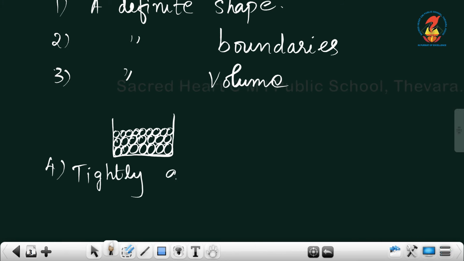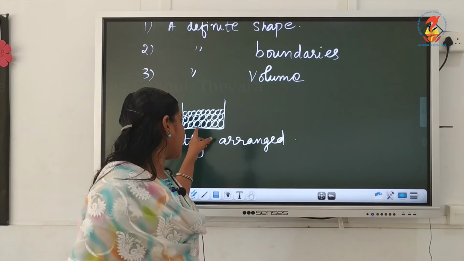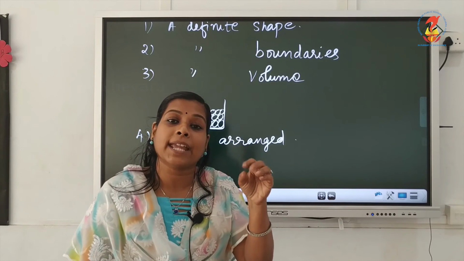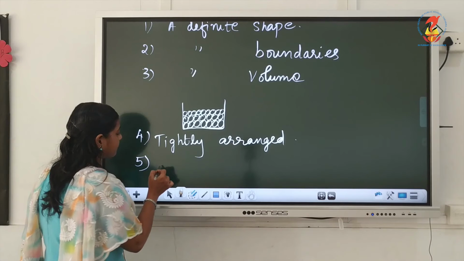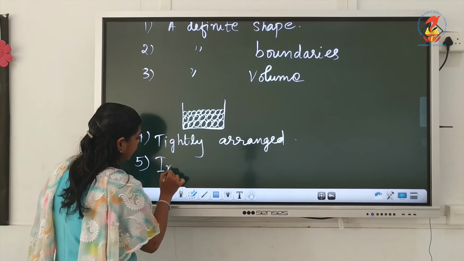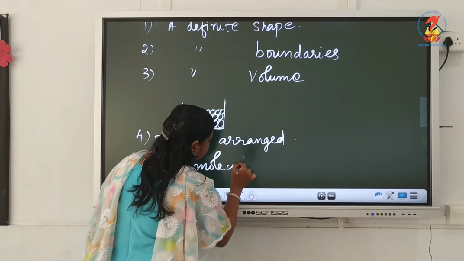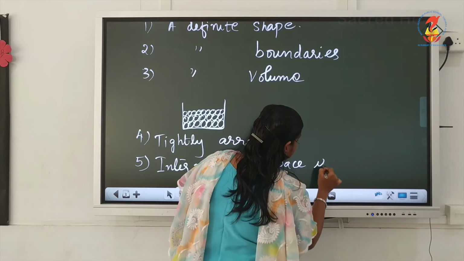And what about the intermolecular spaces? Is there any space between? There is space, but the space is very less. So interparticle or intermolecular distance is very less.